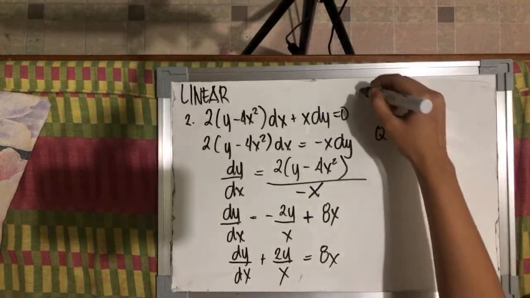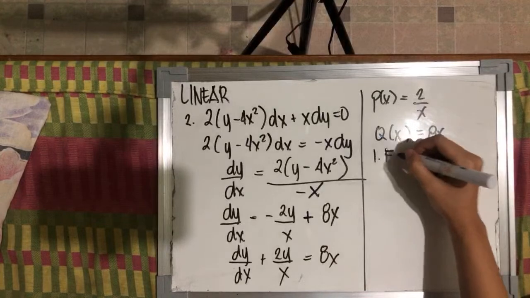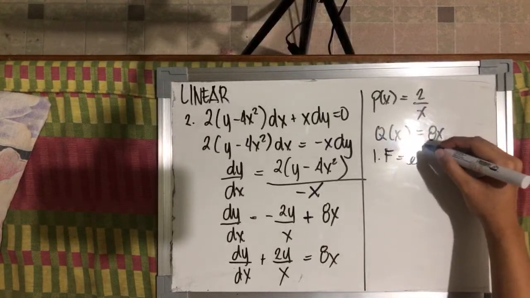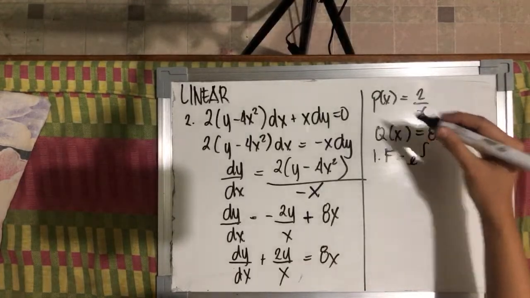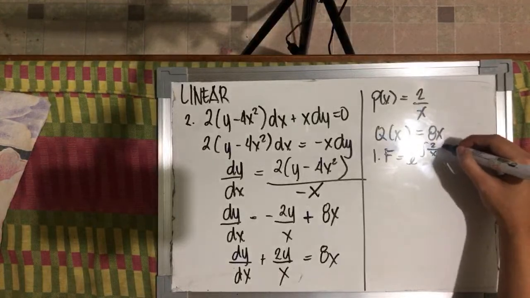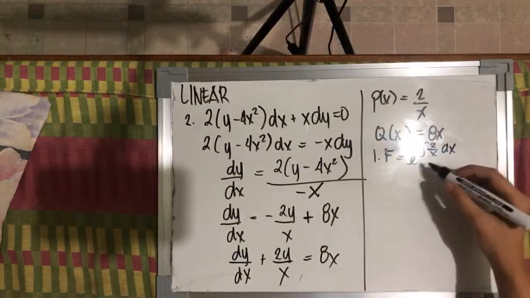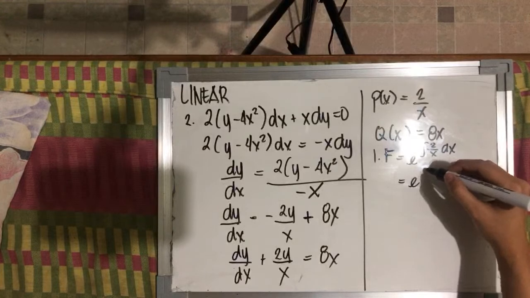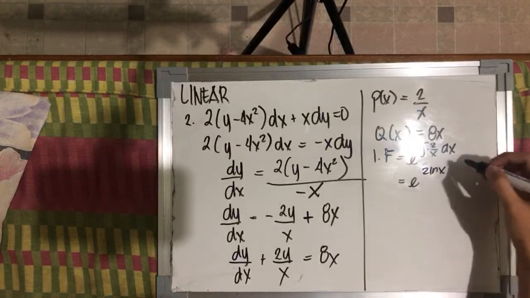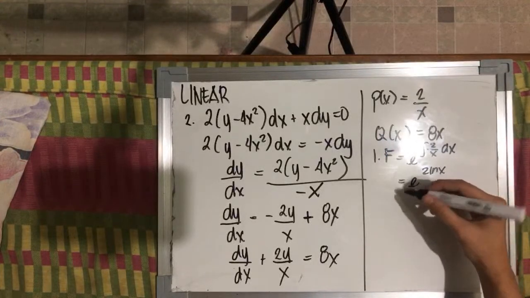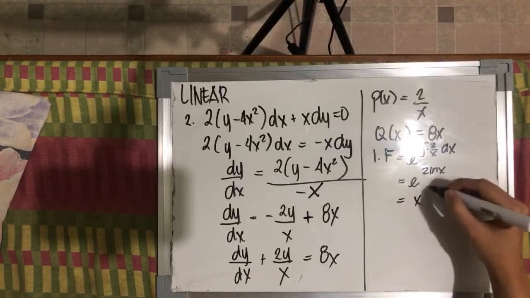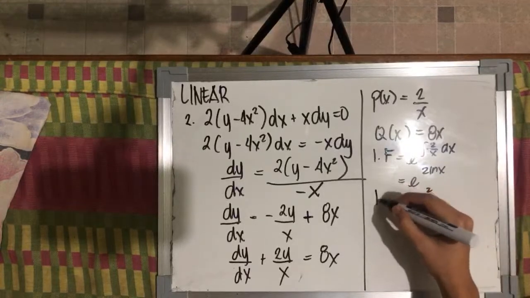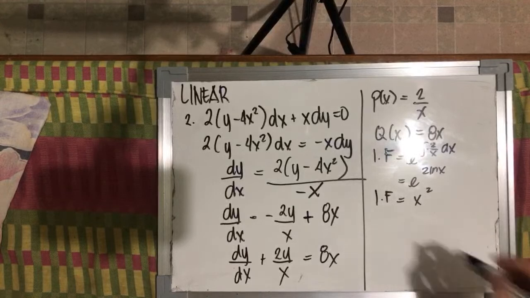So, the integrating factor is now equal to e raised to the integral of p of x, which is 2 over x dx. This becomes e raised to 2 ln of x, and then it becomes x squared.